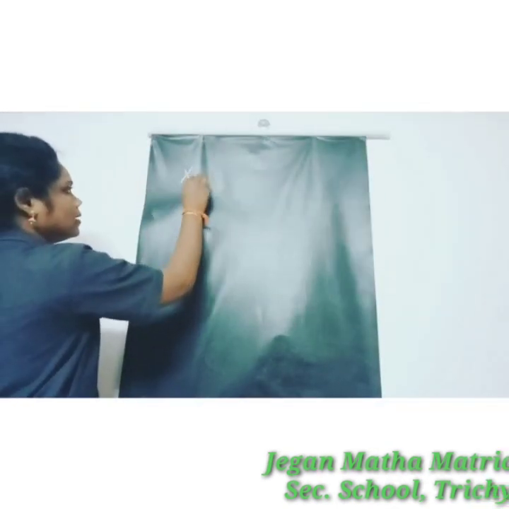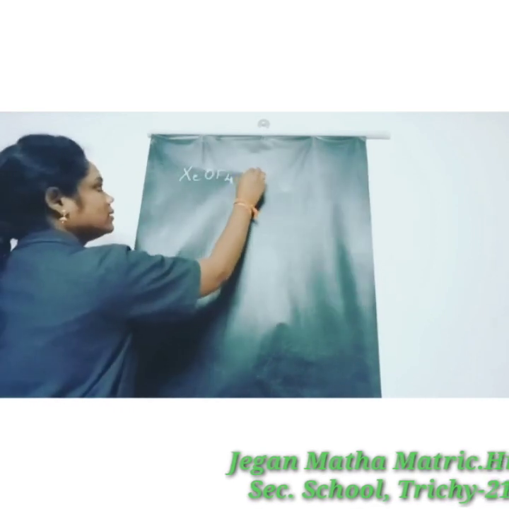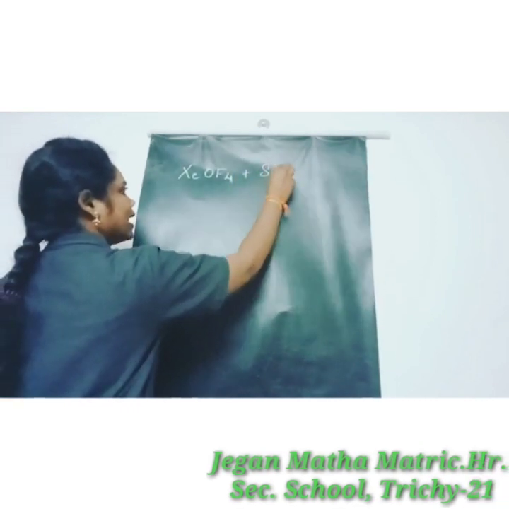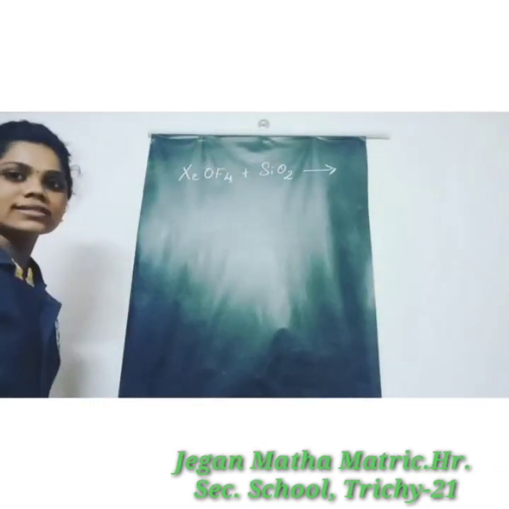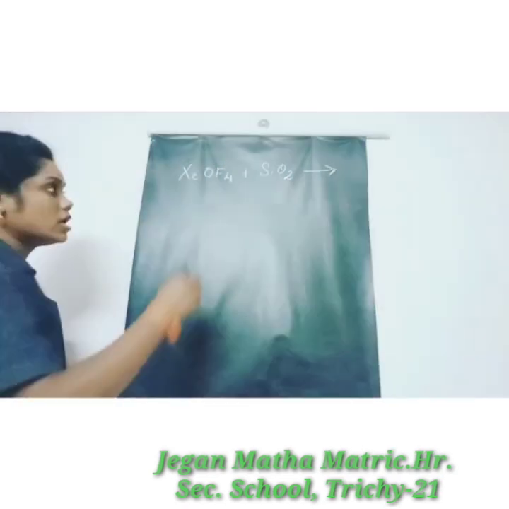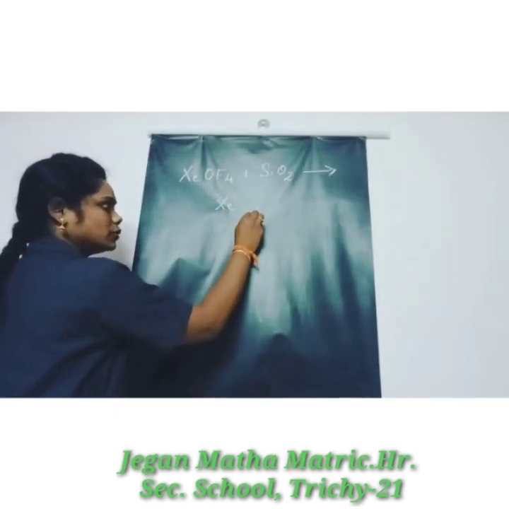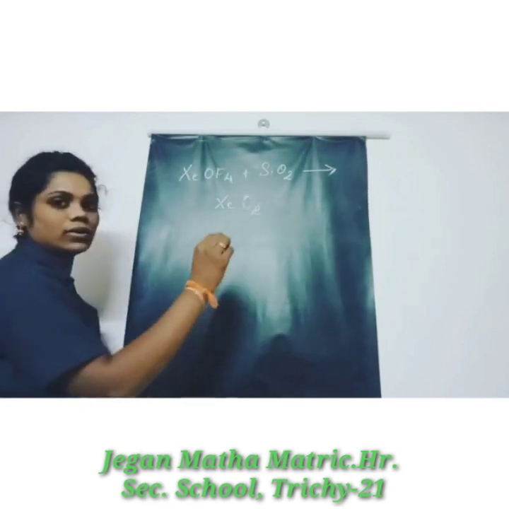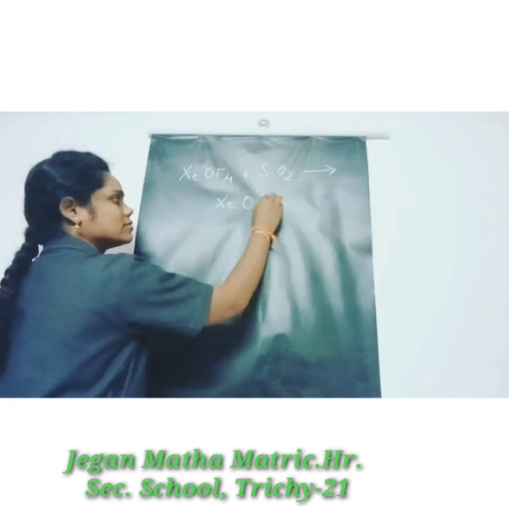Xenon oxytetrafluoride is reacted with silicon dioxide. So it gives xenon dioxy difluoride. So dioxy means di represents 2, oxy represents O. Difluoride, so 2 times fluorine is formed.